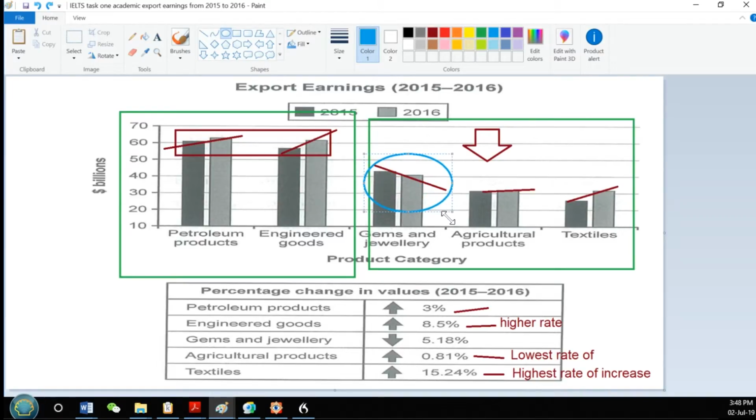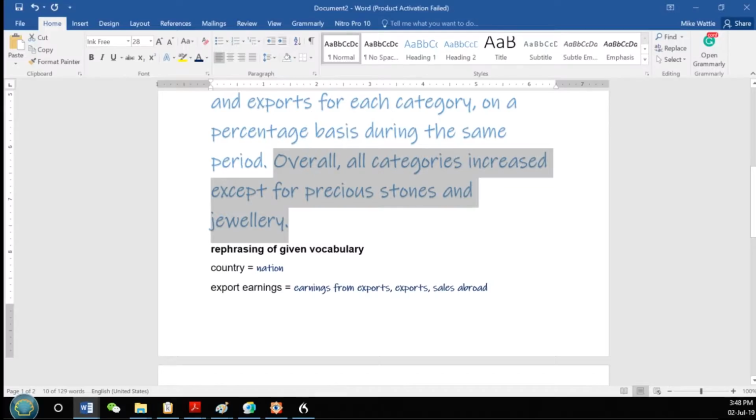And then if you felt you wanted another sentence, you could mention the highest and lowest. The reason why I'm not doing that is that's coming out in the body of the essay, and I don't want to have an overall summary that simply gets repeated. So I think this is the best overall summary. 4 of the categories increased and 1 of them decreased. It summarizes the data nicely and succinctly.